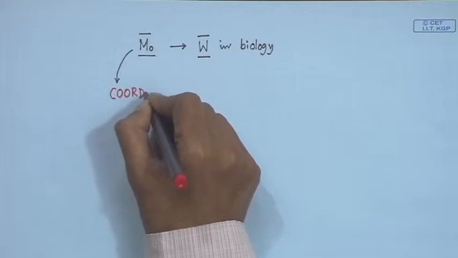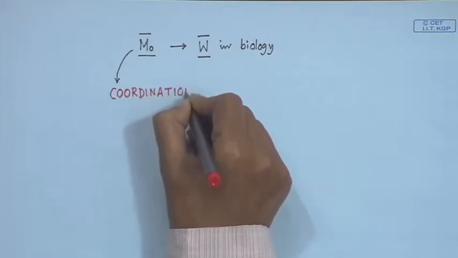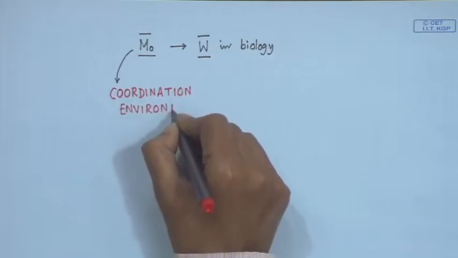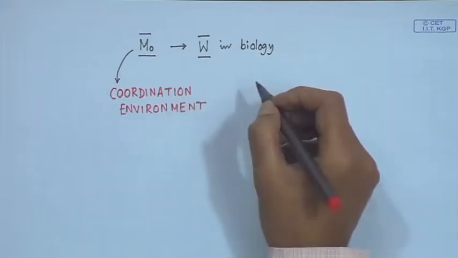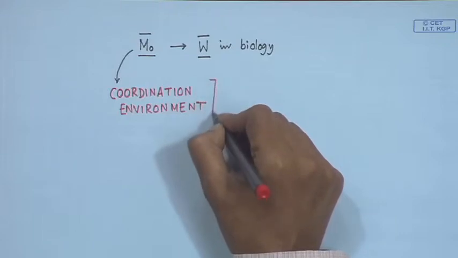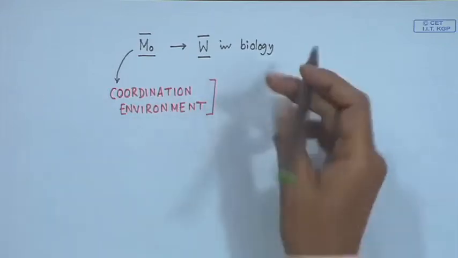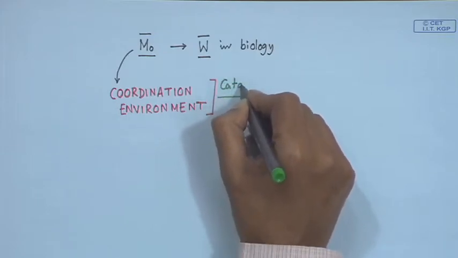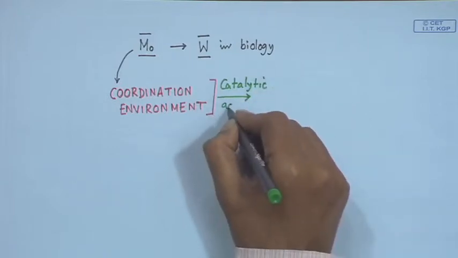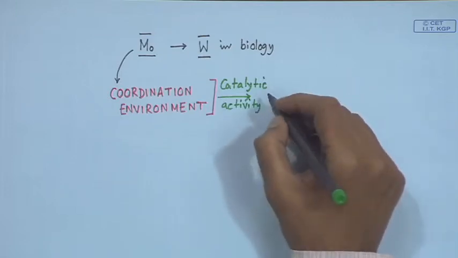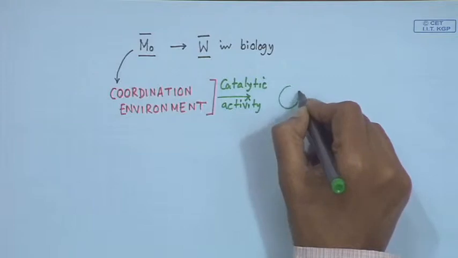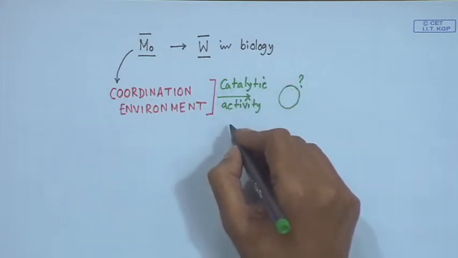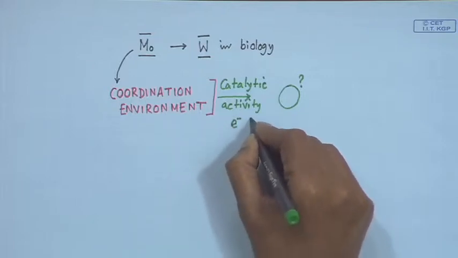The coordination environment is very much important, and that environment shows us something very much related to the electron transfer behavior of the center, because all these catalytic activities are very much dependent on the metal ion bound to the enzyme pocket and its corresponding oxidation states, since the catalytic activities related to molybdenum depend on the electron transfer behavior.